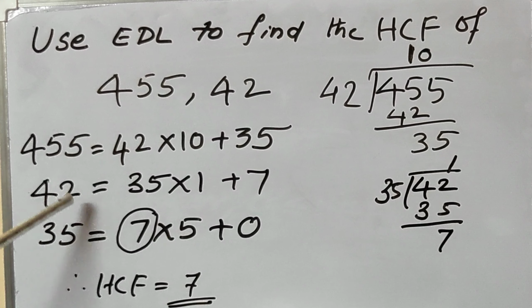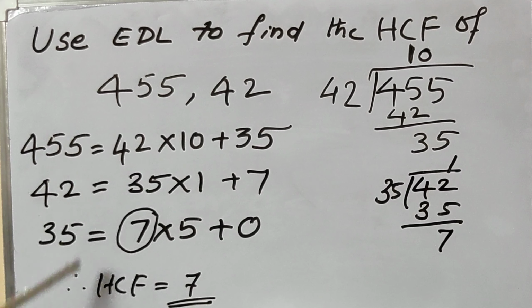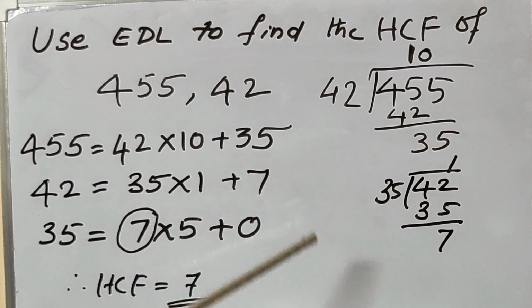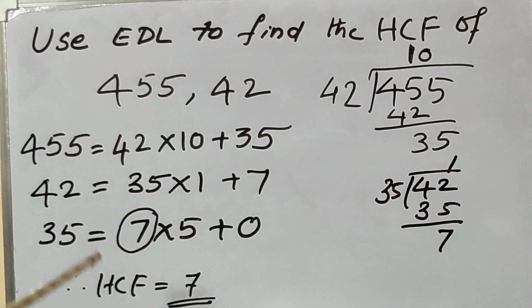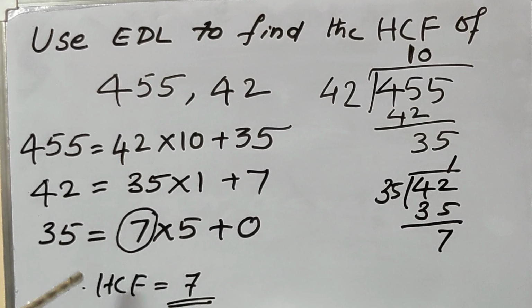So 42 = 35 × 1 + 7. Again we take 35 and 7. Long division is not needed because we know that 7 × 5 is 35. So 35 can be written as 7 × 5 + 0. There is no remainder. So the last divisor was 7, and that 7 will be the HCF.